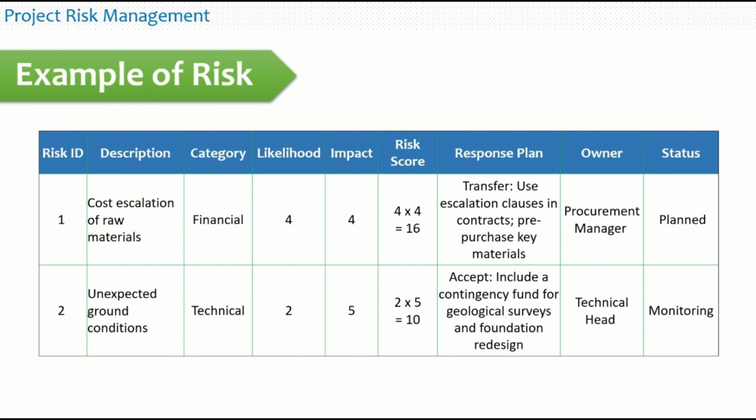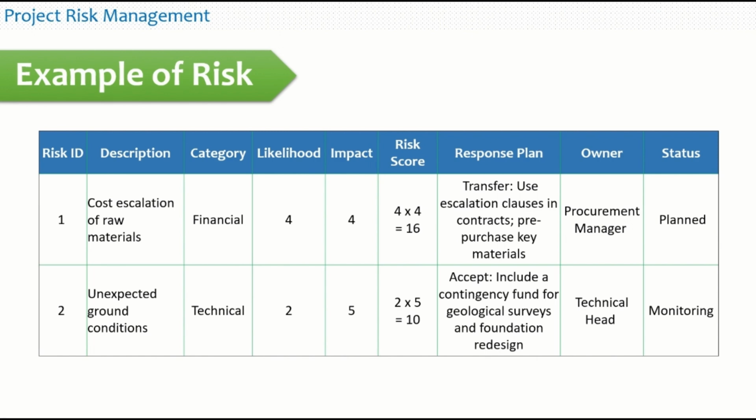Another example is unexpected ground conditions, which is a technical kind of risk. Since this is not very common, we have kept the likelihood as 2. It is not very common in case the geotechnical investigation is carried out rightly. But if it happens, the impact is very severe. It will disrupt the whole structure. So the impact score is 5.